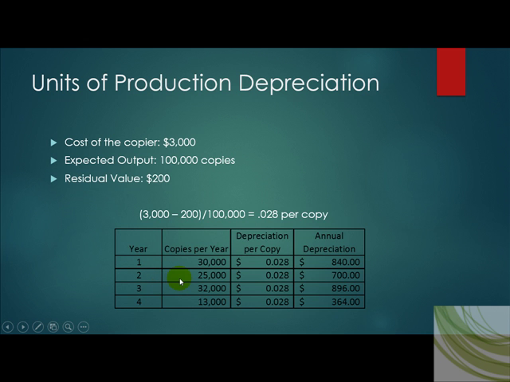In year two, 25,000 copies, resulting in $700 of annual depreciation. In year three, 32,000 copies with an annual depreciation of $896. And in year four, 13,000 copies resulted in $364 of depreciation for the year.